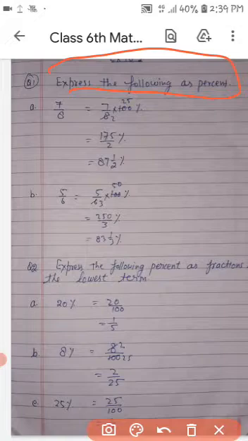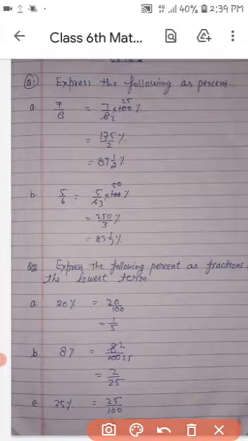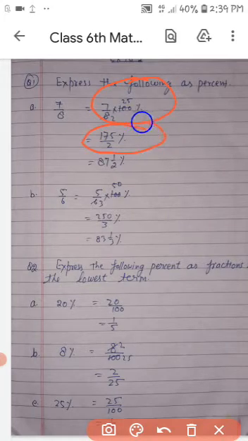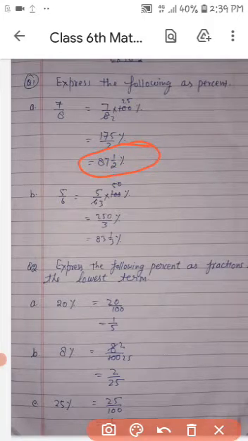Cancel out the table of 4: 4 twos are 8, 4 twenty-fives are 100. Now it comes to 7 into 25, which is equal to 175 upon 2. Now write it as a mixed fraction: 87 and 1 upon 2%.